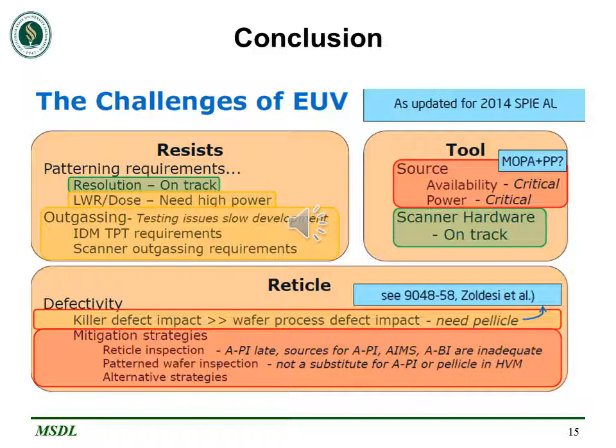If you look at the tools, the source availability seems to be critical and power is also critical, so that's not doing well. But the scanner hardware is right on track. So the work is still in progress for mass production of wafers using EUV.